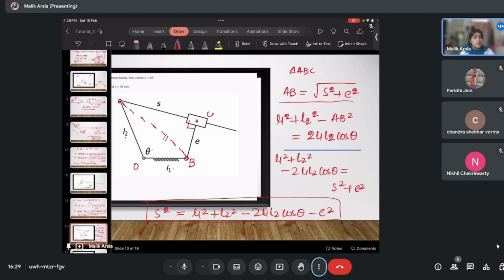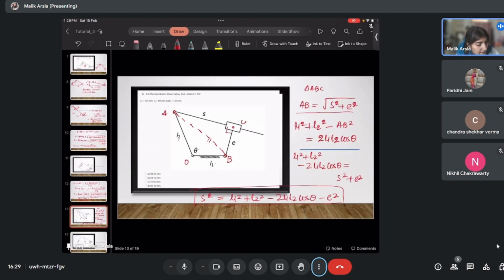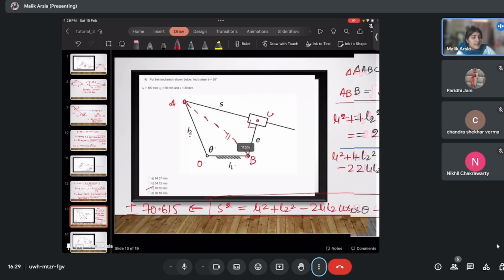Here also you will get two values of S. The negative value you can discard and keep the positive value. I was getting S as plus minus 70.615, which is approximately equal to 70.62.